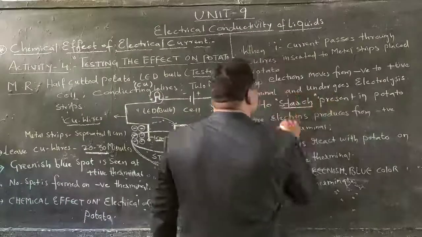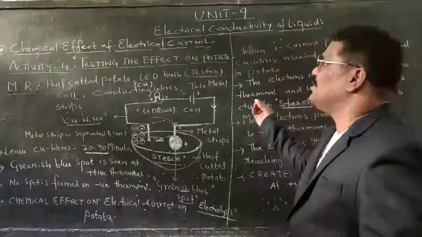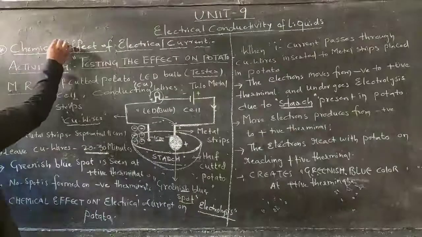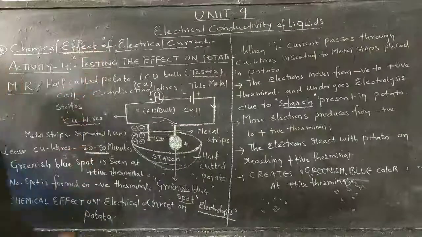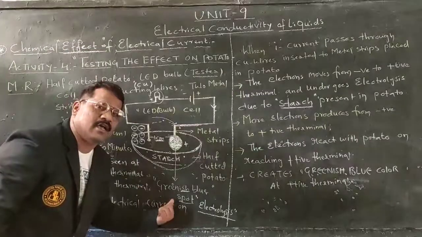Starch is a chemical substance. Therefore, on the chemical substance, one effect will take place. What is that effect? A chemical effect. That chemical effect is appearing in the form of which color here?